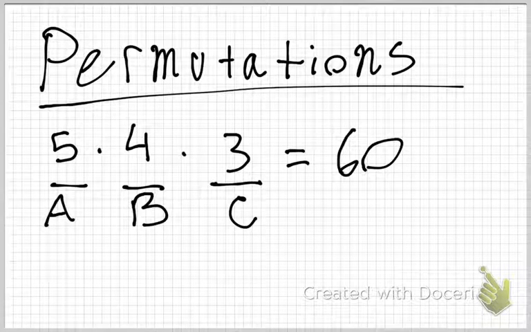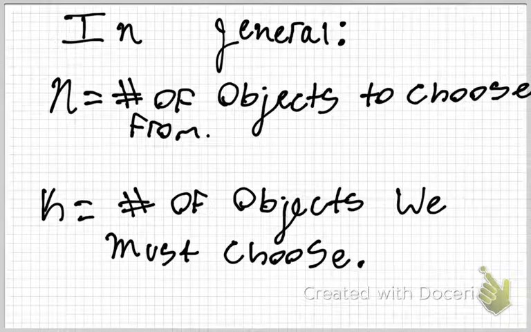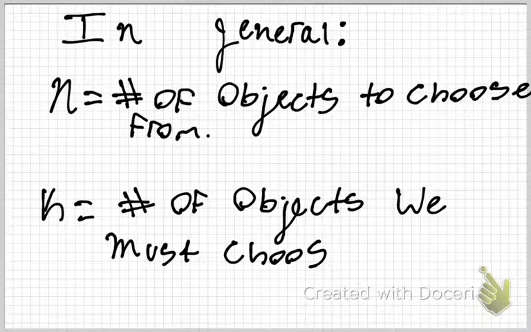So that's what we do. That's how I figured out that there were 60 different seating arrangements. Now I'll explain why I multiply as opposed to doing some other operation like adding or dividing. Let me go back.